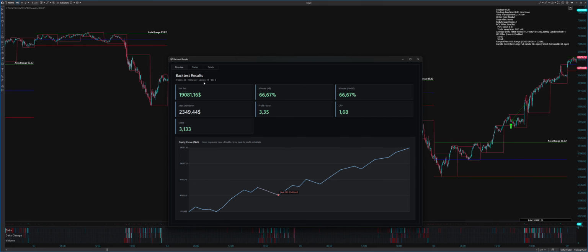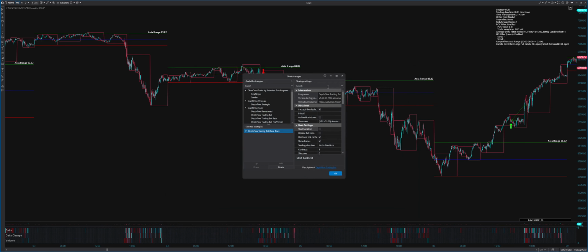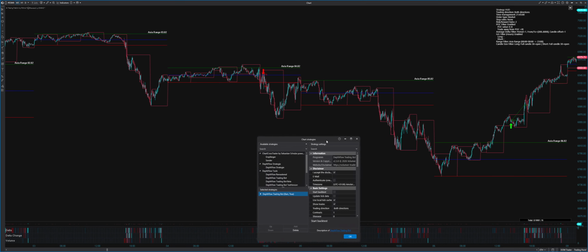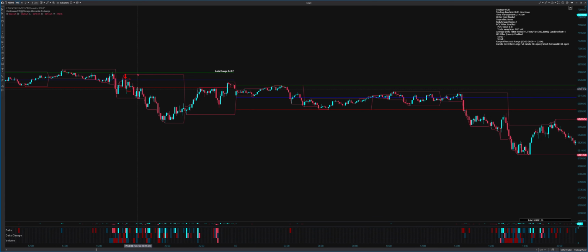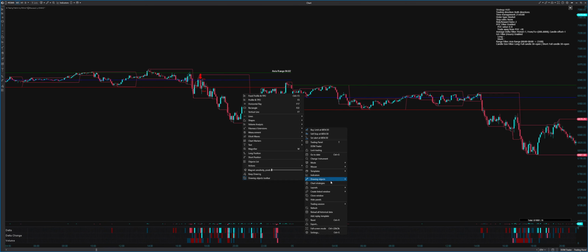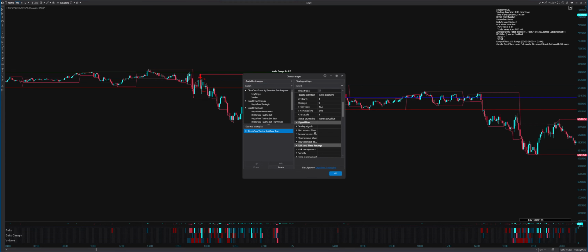Of course, we do have a few more trades right now, but the win rate has also decreased just a little bit. Of course, we can take another look here. What exactly do we have here? Yes, we do actually have a candle here that briefly takes us out. Here as well, we could say, okay, we will move the stop again a bit so that something like this doesn't happen.